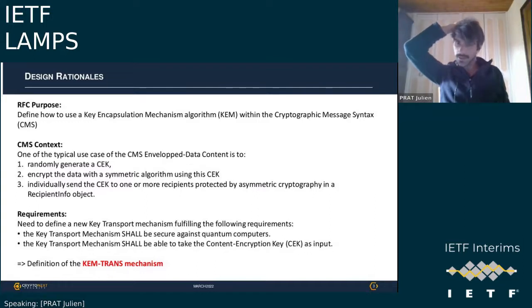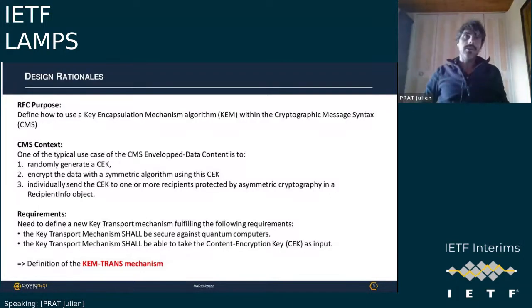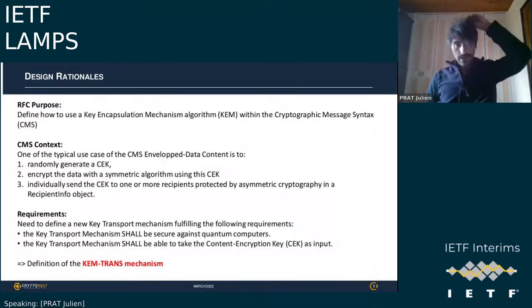ongoing at NIST level, a key encapsulation mechanism generates a session key randomly, which is an issue in the CMS context because the general use case for CMS encryption is to randomly generate a CEK, content encryption key, and then to encrypt this key with an asymmetric algorithm.